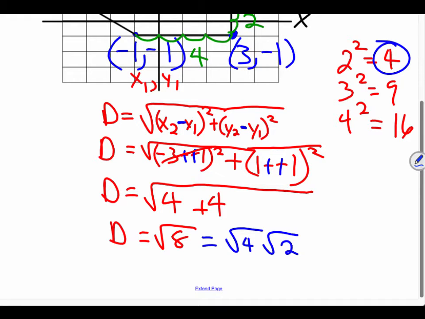If I could take the number under the radical and put it into factors, then you could take the product of the square roots. In other words, because 8 is divisible by 4 and 2, 4 times 2 is 8, I can break that up into 2 square roots. That means that I'm going to have 2 root 2 as an answer.